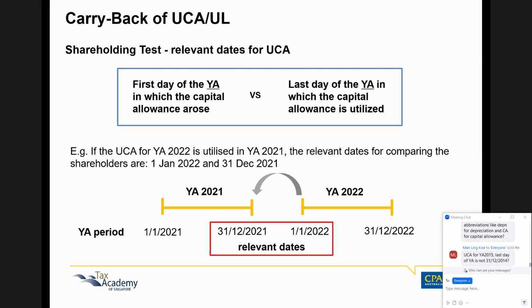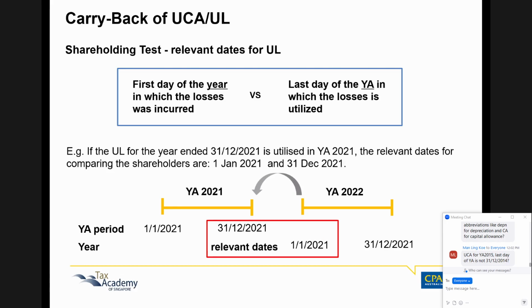So this year we are in calendar year 2023, so it's YA 2023, 1st Jan 2023 to 31st December 2023. This is how the YA works. This has got nothing to do with the basis period. Anyway, this is how the rules are set.